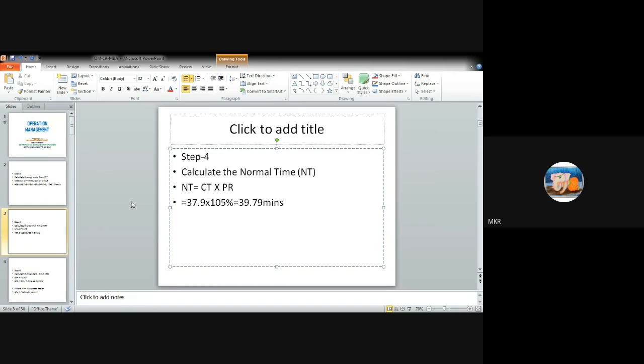Next point, write down: in this method, calculating the standard times for activities.